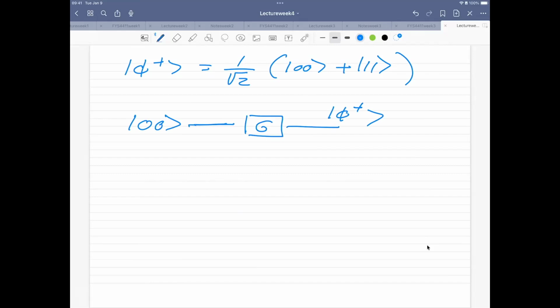So the state 0, 0 is actually a 2-qubit state. So the first thing which I'm going to do now is to act with a Hadamard gate on the first qubit, because I need to make a superposition. In order to get a superposition of 0 and 1 here, I would actually need to perform a Hadamard on the first qubit. So what we do now is a Hadamard on the first qubit.